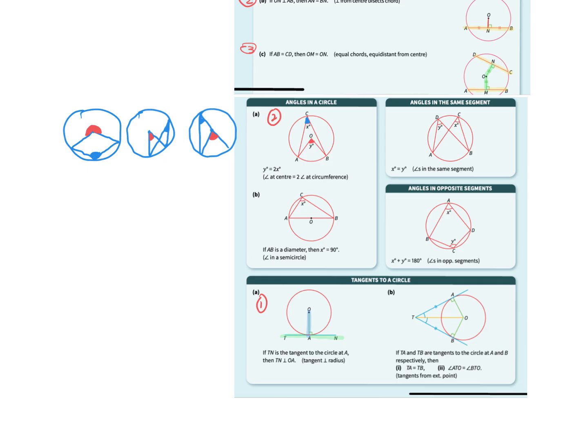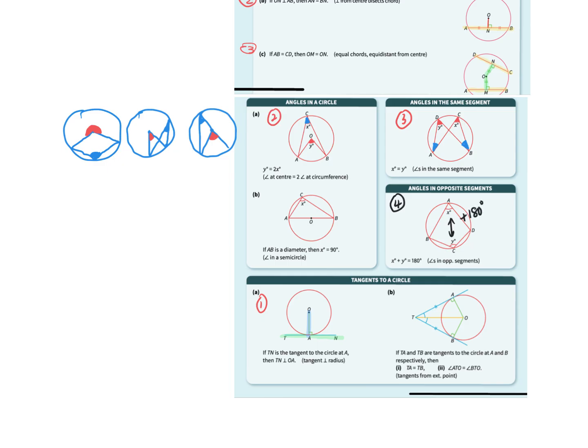And then we also have this, the real butterfly where all 4 points are on the circumference. The same part of the wing is the same angle. So these 2 same, these 2 same. Then number 4: if you have a quadrilateral, the 2 opposite angles add up to 180.